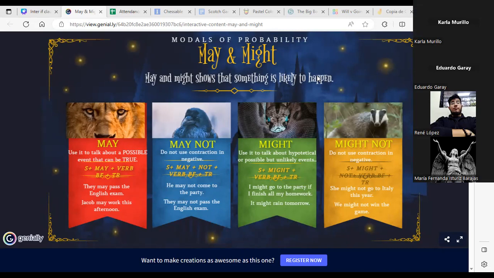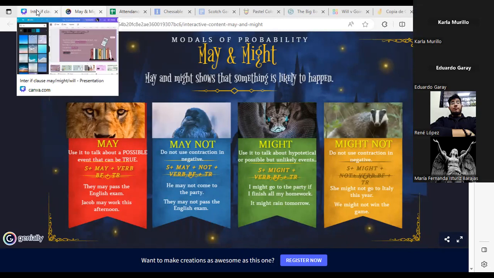Good evening. The question for you, Carla, is what is the difference between a modal verb and a regular verb? Modal verbs and regular verbs. They are different. Let me think.